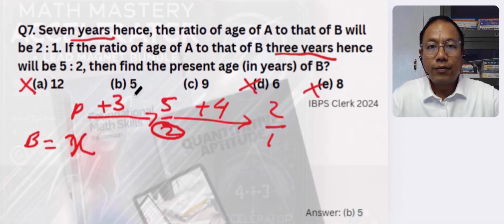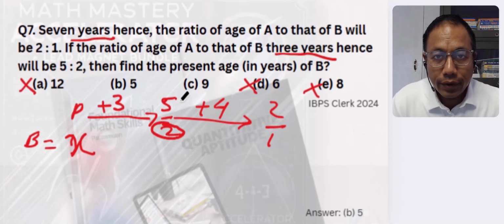Let's solve it. 3 years hence, let the present values be 5k and 2k. 5k plus 4 by 2k plus 4 is 2:1.